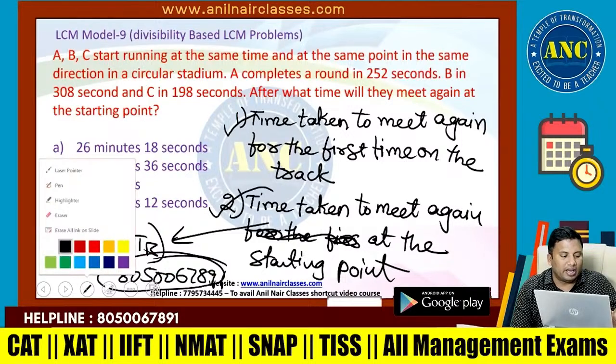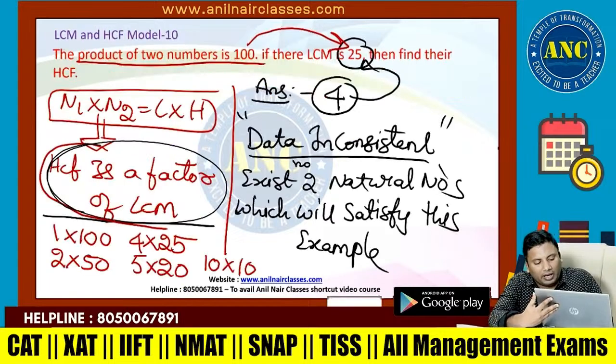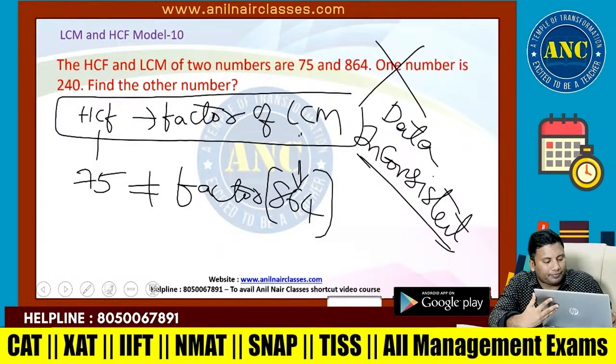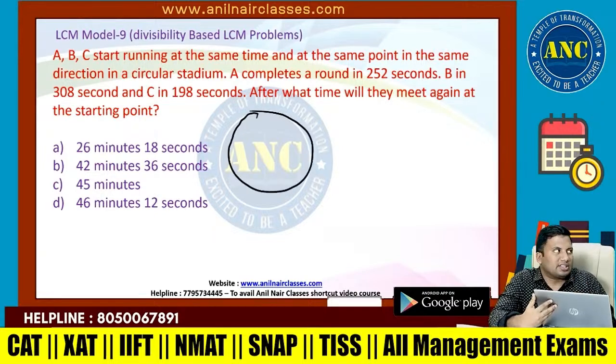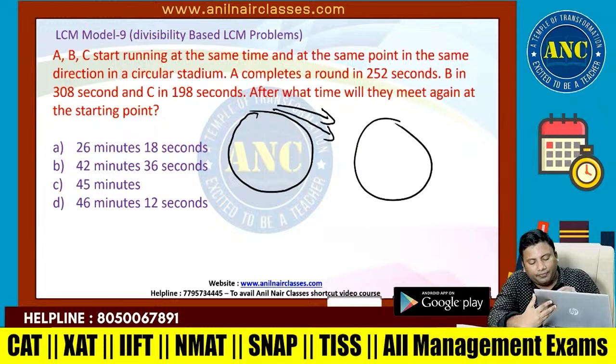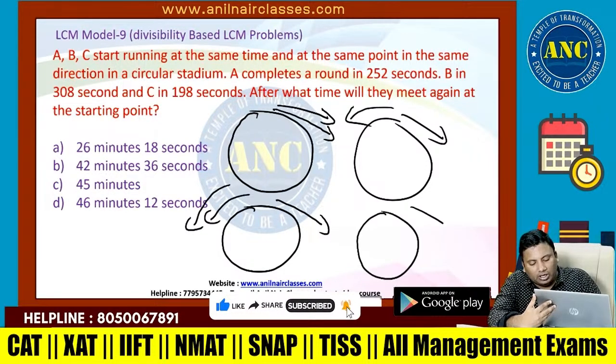In a circular track, there are so many conditions: two people moving in the same direction, two in opposite directions; or three people, one moving in this direction and two in the opposite, or two in this direction and one in the opposite.